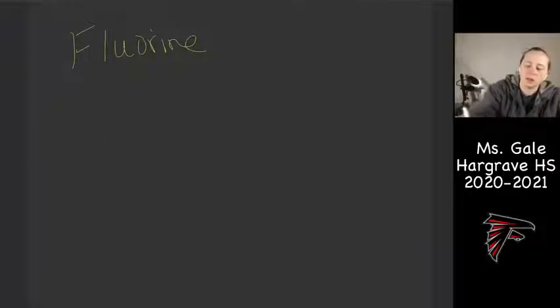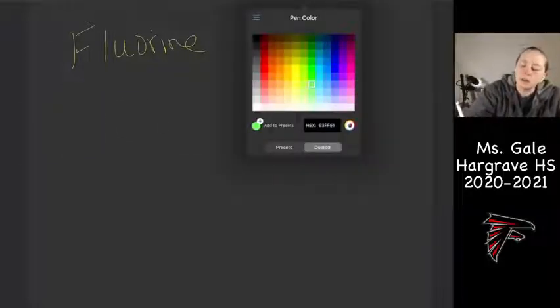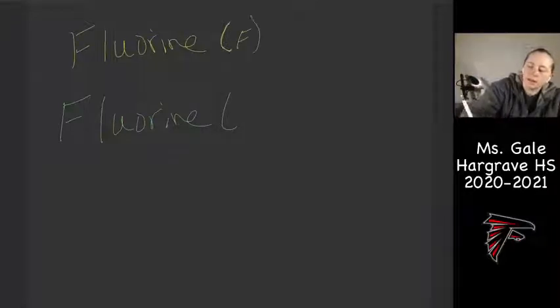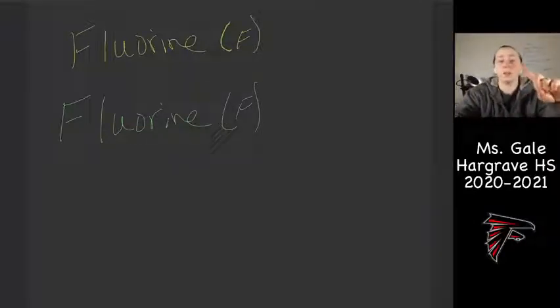That is too dark. Let's do nice and green. Yeah, that's better. Fluorine, so it's F and F. This is easy because it's just one element.